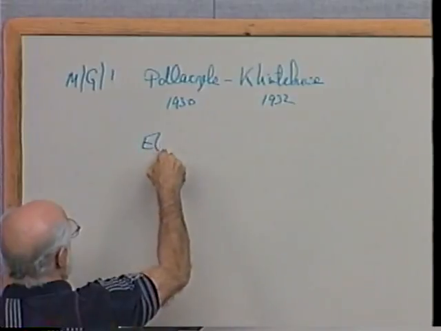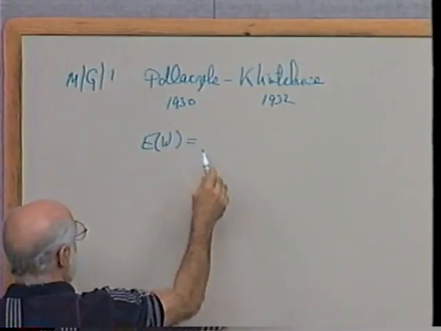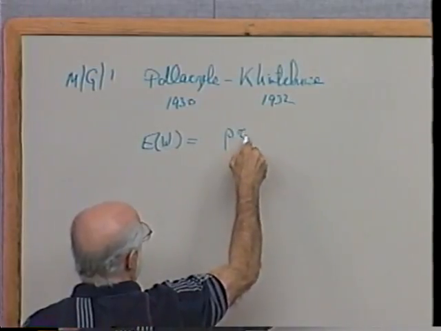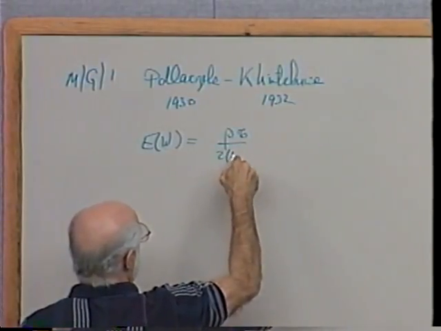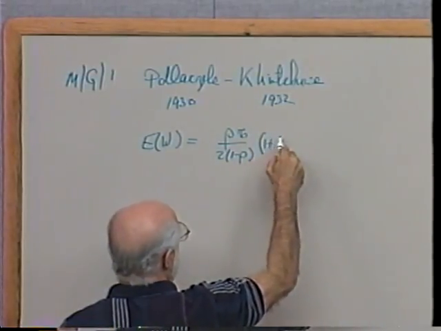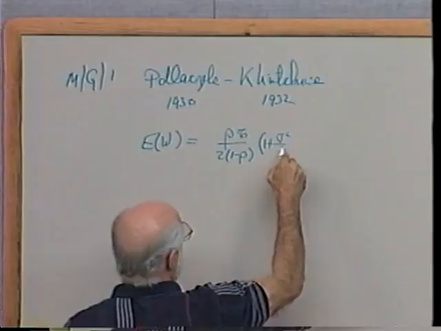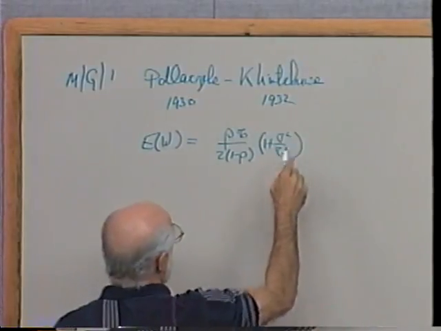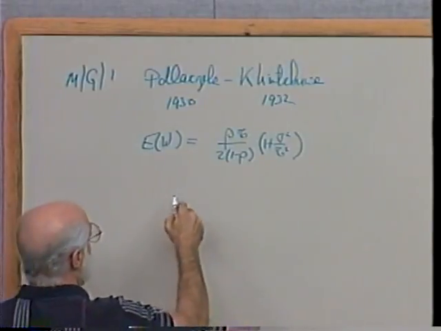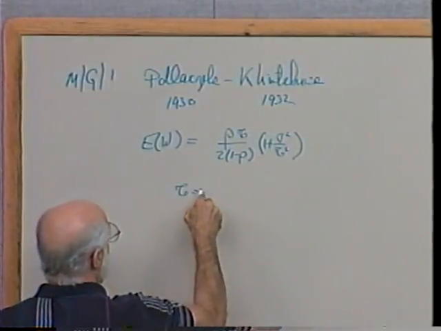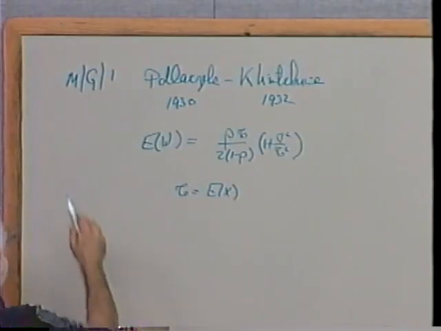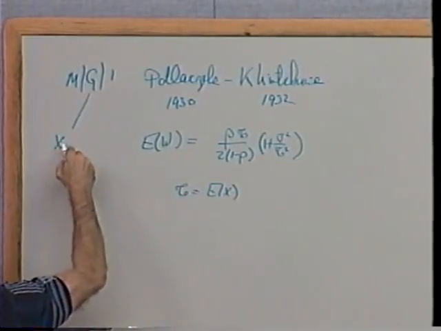The expected value of the waiting time is equal to rho times tau divided by 2 times (1 minus rho) times (1 plus sigma squared over tau squared). Where? Well, I've got to define what these things are. Tau is the expected value of x, so x are the service times.